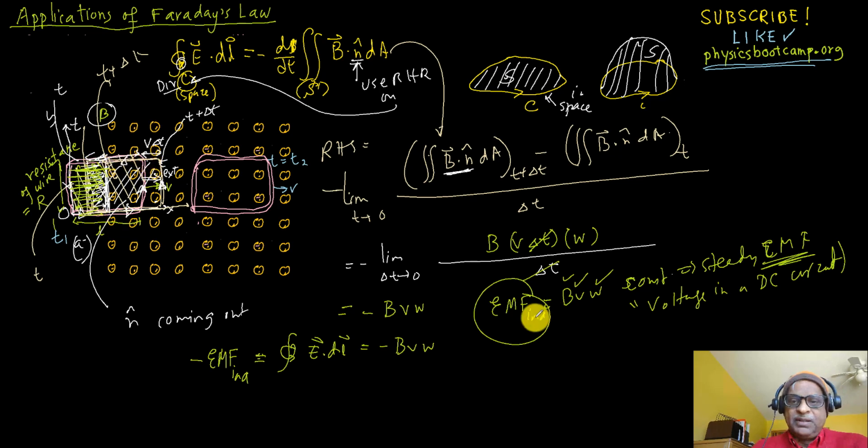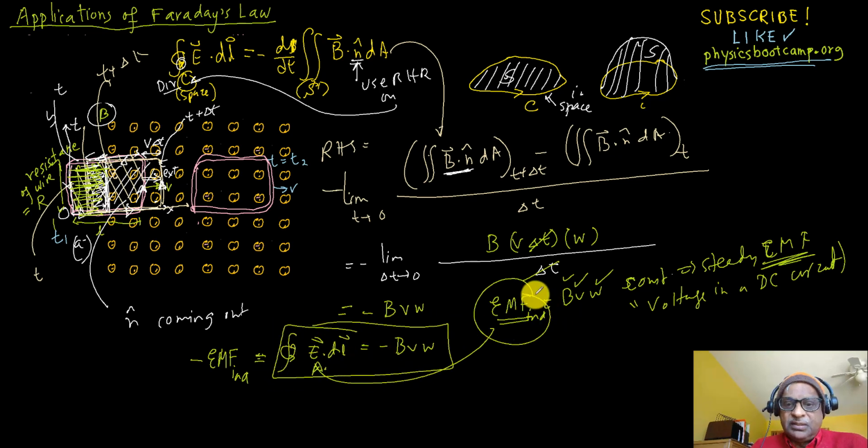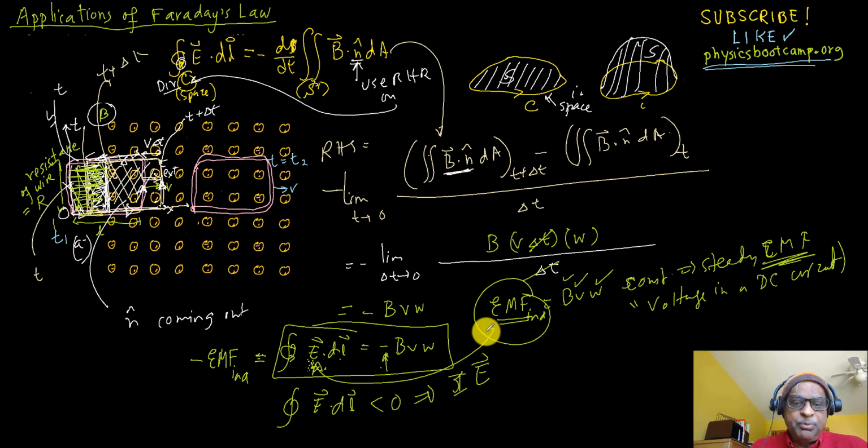If you look at where this EMF is coming from, it's as if there is a non-zero electric field. This EMF is actually coming from the electric field. So the electric field is non-zero in the wire. That means there's a current in the direction of the electric field. And because this E dot dl is less than 0 due to the negative sign, the electric field is in the opposite direction to dl.